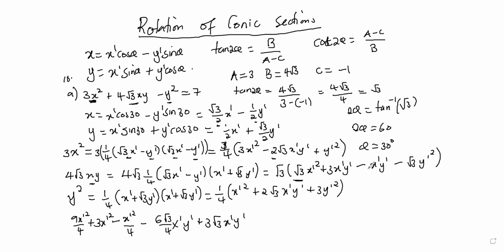There was a minus, which makes it 2 root 3 x prime y prime. Then the last one is minus 2 root 3 over 4 x prime y prime.